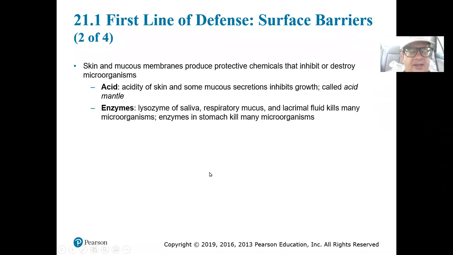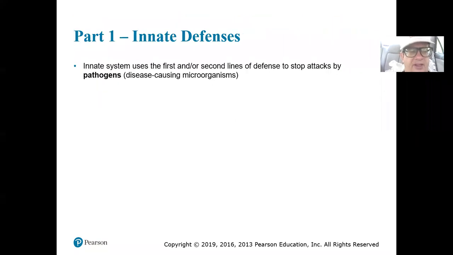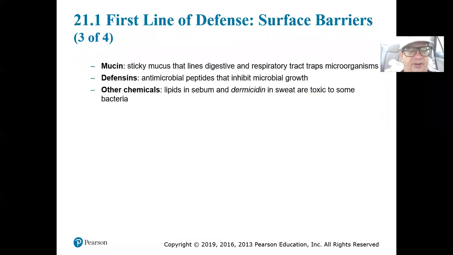So, yeah, the enzymes in the stomach will kill most invading bacteria, but Helicobacter pylori is fine. It doesn't care. All right, other things that are part of those surface barriers, which of course is part of the innate defenses. So we're still looking at surface barriers here.